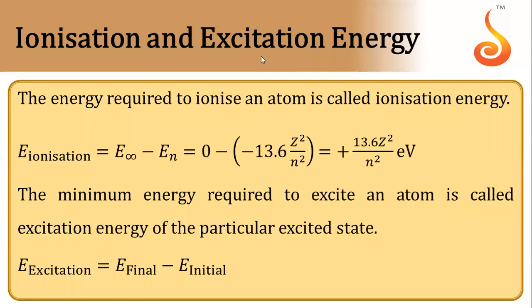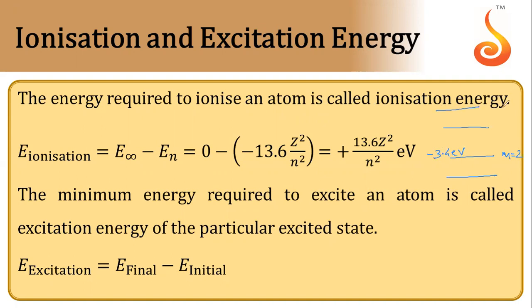Next is ionization energy. Ionization energy is the energy required to ionize an atom. Let's say in hydrogen, in the n equals 2 orbit, which is also the first excited state, the energy of the electron will be minus 3.4 electron volt.